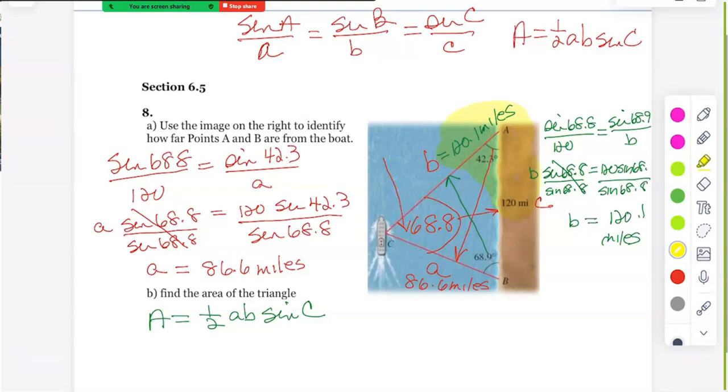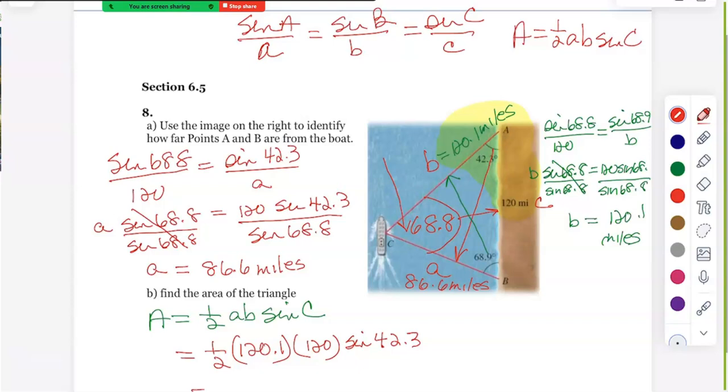That's my sandwich. So to do my formula, I'm going to have 1/2, which is just 0.5, the top side, the bottom side, I'll put them in parentheses so that you can see it, and the sine of the included, the sandwiched angle.